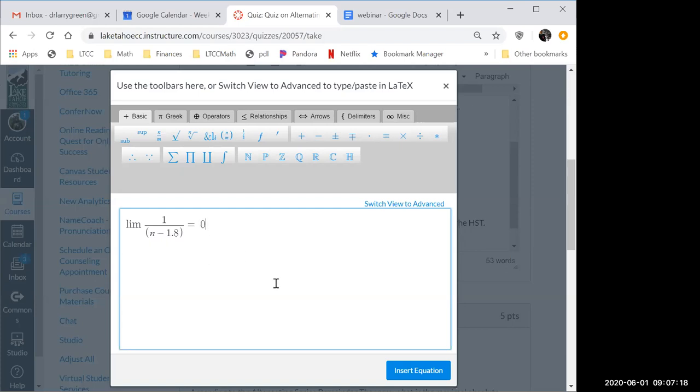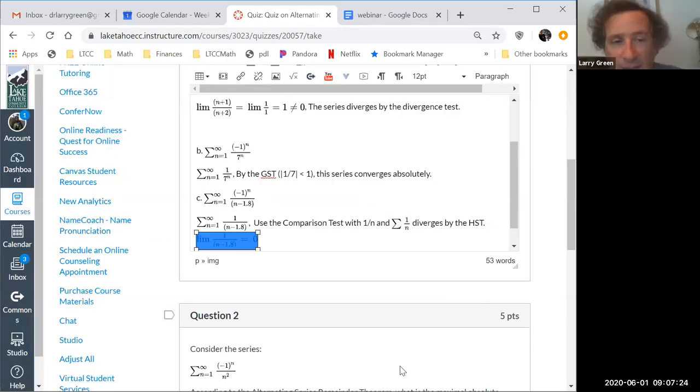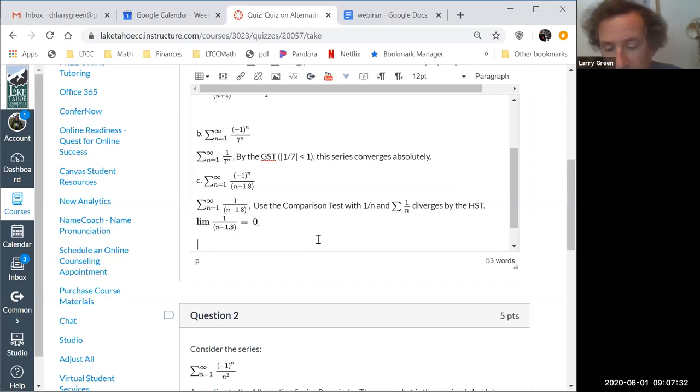Right? 1 over infinity is 0. Therefore, by the alternating series test, the original series converges conditionally.